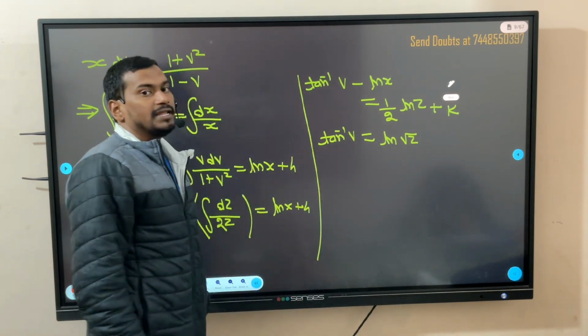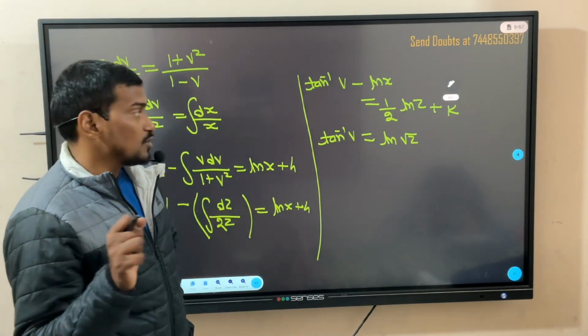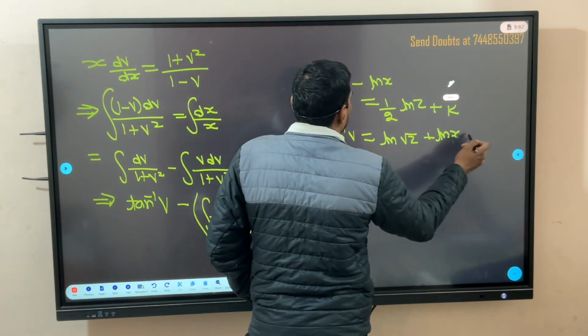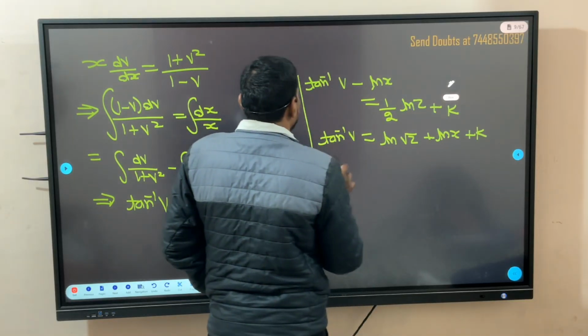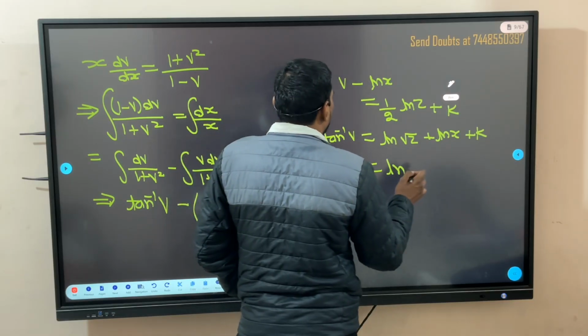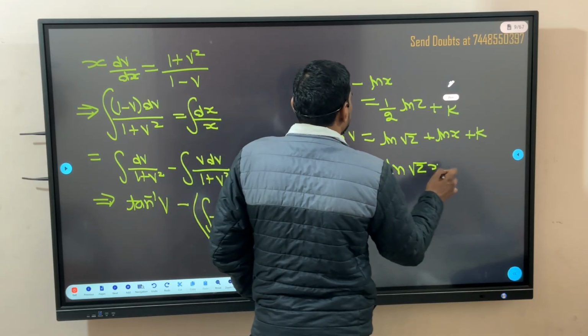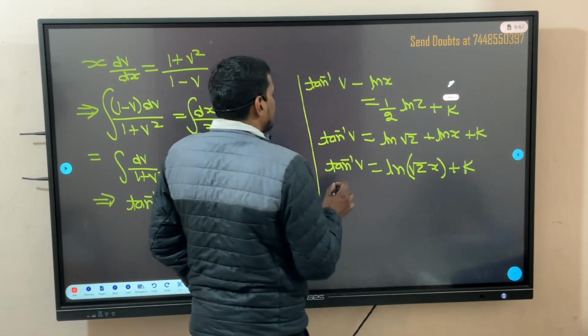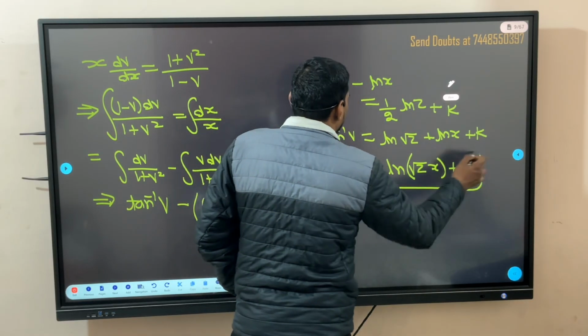Nobody has problem till here. z power half, that is ln of root z, plus ln x plus k. And here we go, tan inverse of v equal to ln of root z into x plus k. Finally, that's our answer.